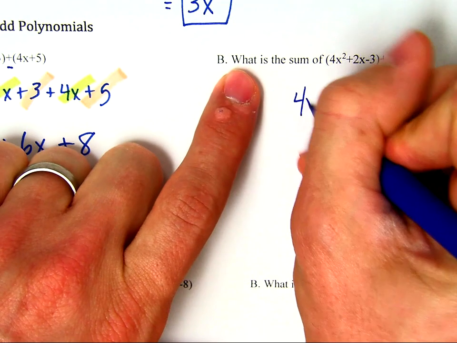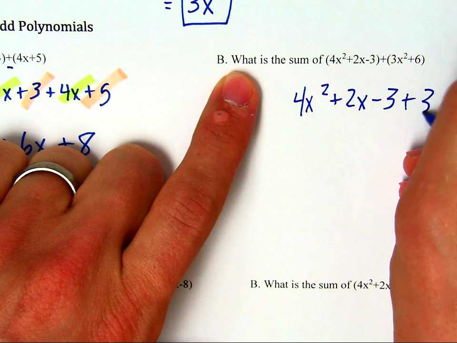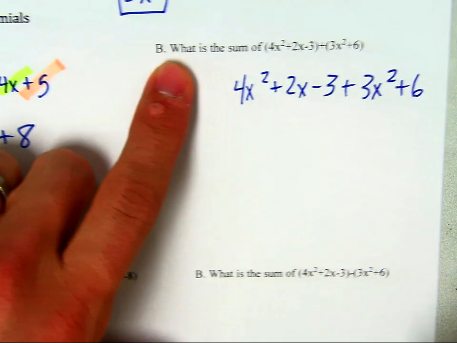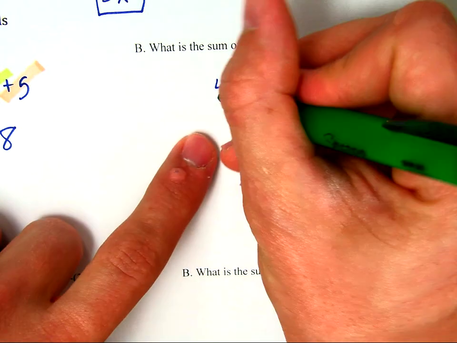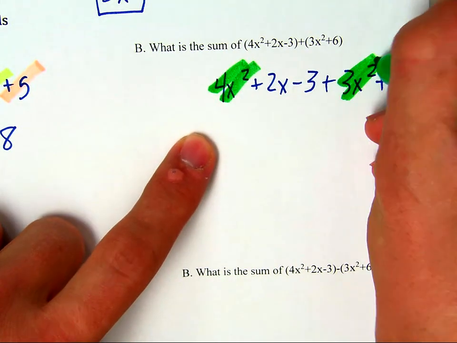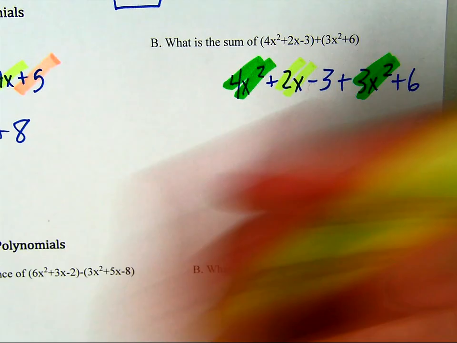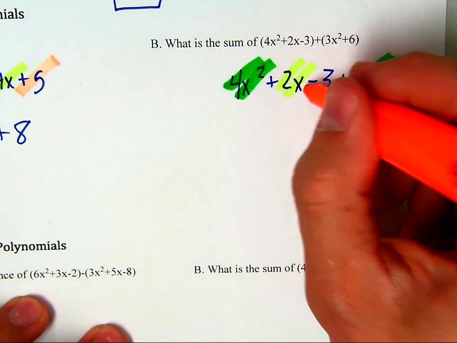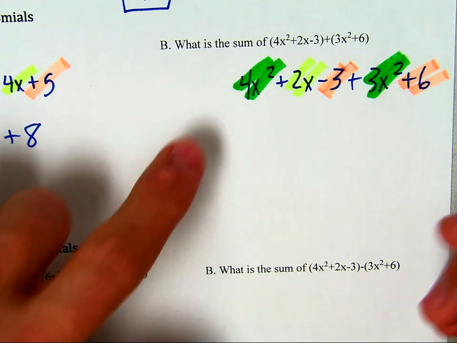For B, same thing. There's nothing outside the parentheses to distribute, and we're adding, so we can drop the parentheses. We identify the like terms. There's my 3x squareds. That's my only x term.